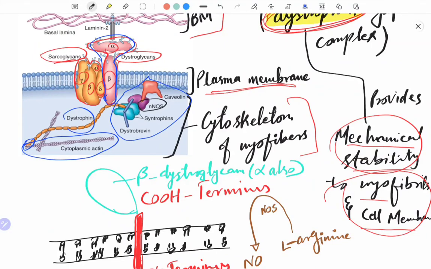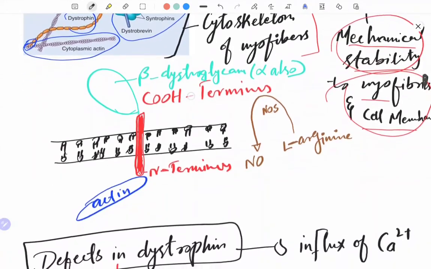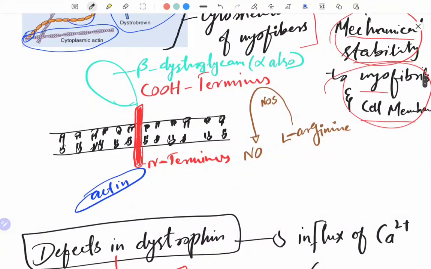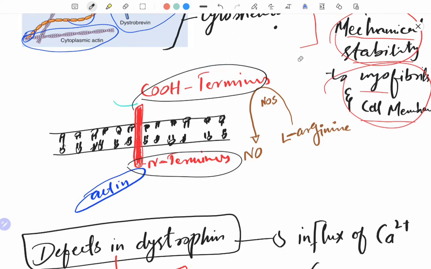nitric oxide synthase. Let's come to this. This is the N terminal of the dystrophin protein, and this is the carboxyl terminus of the dystrophin protein, and this protein is embedded like this.